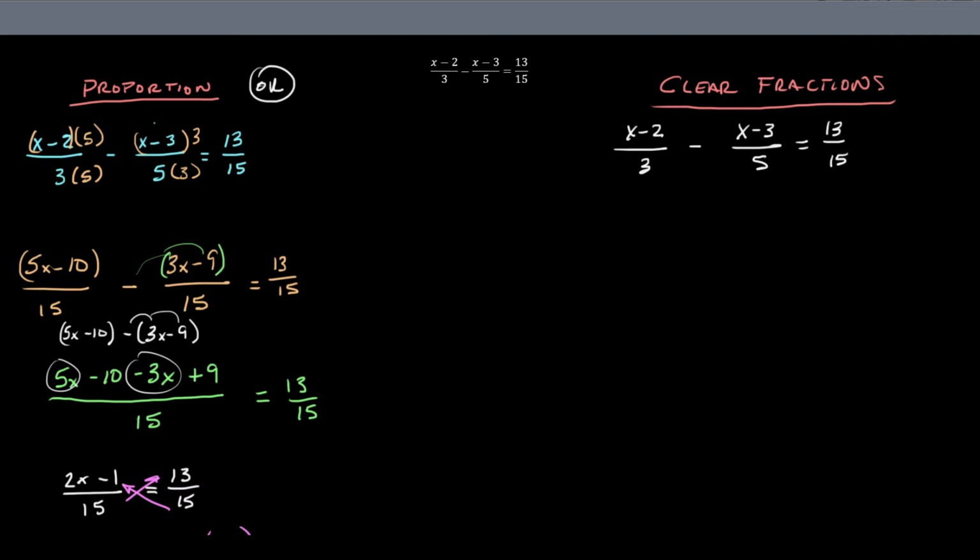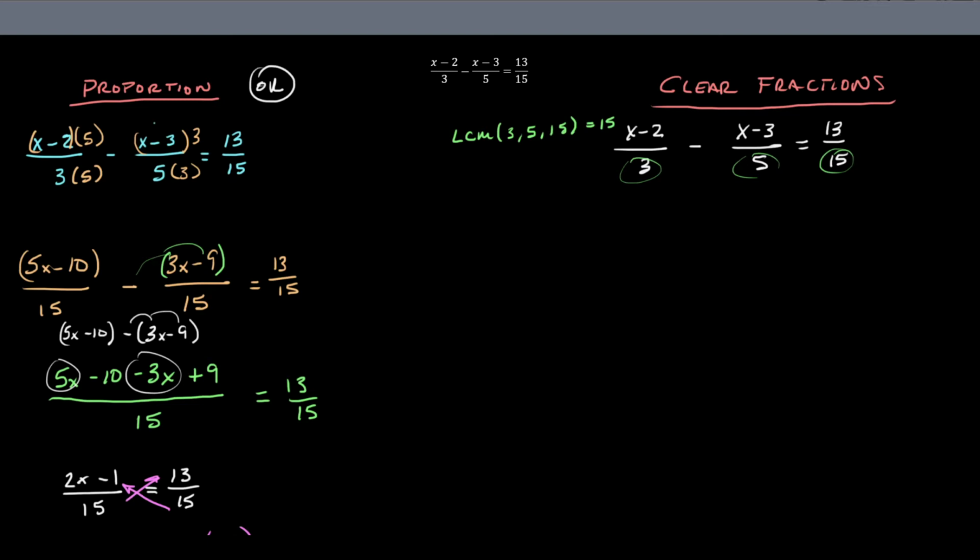I am going to look at each one of these denominators, and I am going to find the least common multiple of 3, 5, and 15, which is 15. All right, I'm allowed to multiply both sides of an equation by any non-zero number. I am choosing, and that is one thing that I really get scared about when people talk about choosing anywhere in mathematics, because there's almost always a reason you've made the choice, and it's not always obvious.